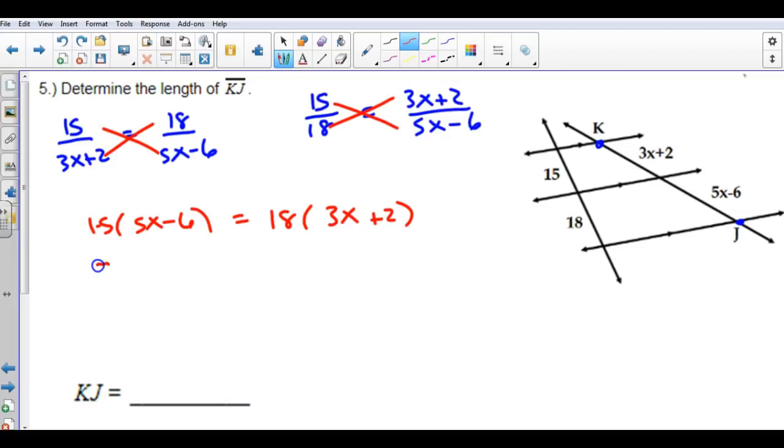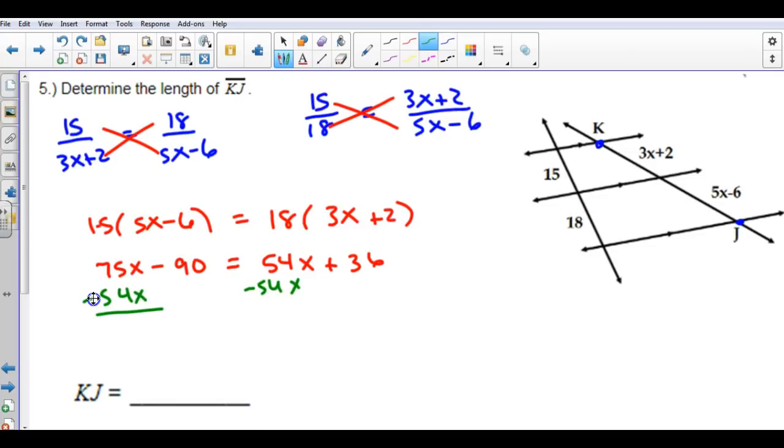15 times the 5 gives me 75x. 15 times the negative 6 is negative 90. On this side, I have 18 times 3x, which is 54x, and then 18 times the 2, which is 36. So what I'm going to do is subtract 54x on both sides, and 75x minus the 54x gives me 21x minus 90 is equal to 36.